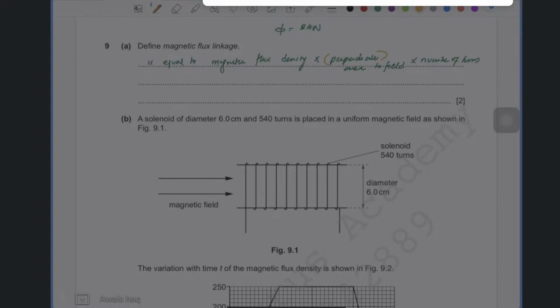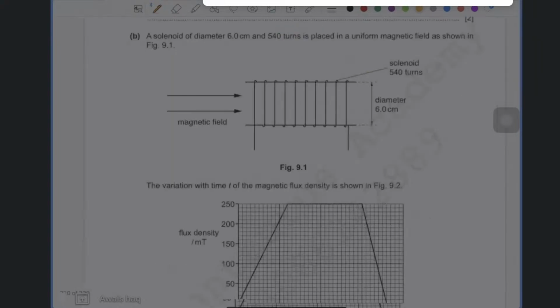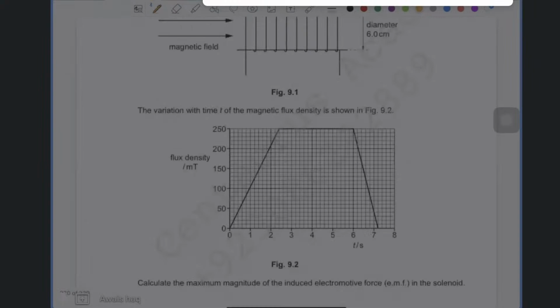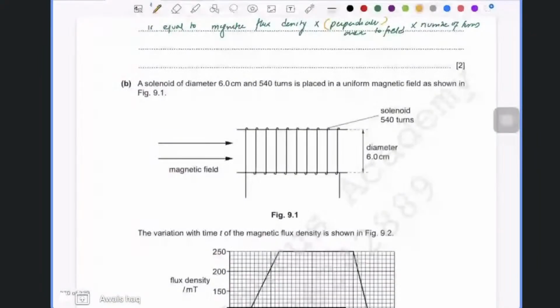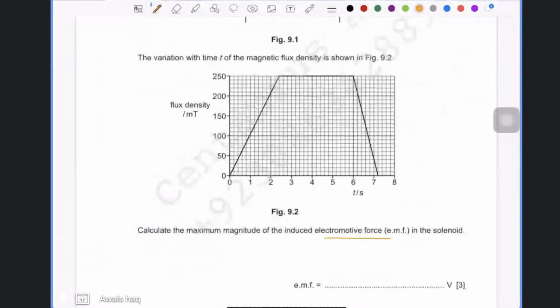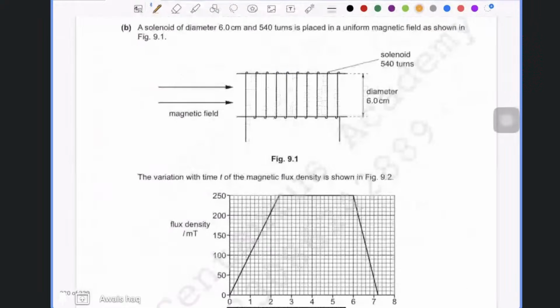Now check this out. Now again they have given you a graph, and you want to find the gradient, and from the gradient this time we need to use EMF, right? So how do we find EMF? There would be some turns, so they have said 640 turns and the diameter is this much. So area would be pi by 4 d square.